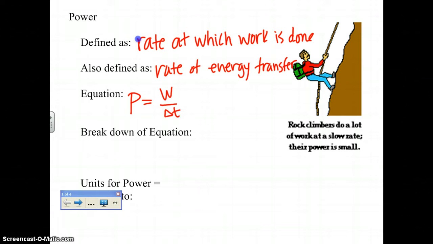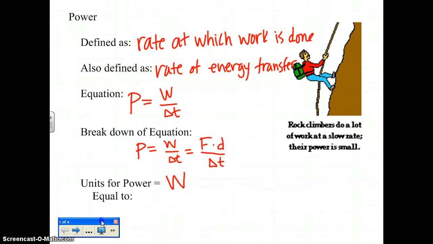So if you want to break this down, you have power equals work over delta T, which equals Fd over delta T. So your units for power are going to be watts. A watt is equivalent to a joule per second, right? Work is in joules, time is in seconds.